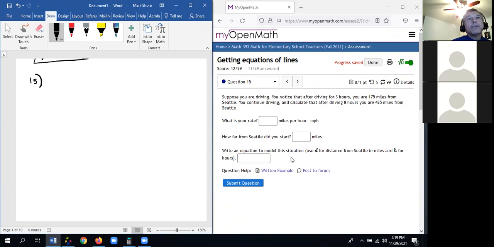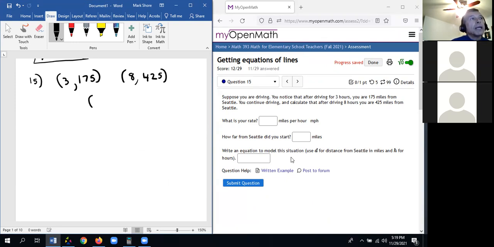So suppose you're driving, you notice that after driving 3 hours, so let's just keep track of this. See, I'm always doing a time variable on the left-hand side. 3 hours, you've driven 175 miles. And then you continue driving, and in 8 hours, you've driven 425 miles. Then what is your rate? Well, subtract these.